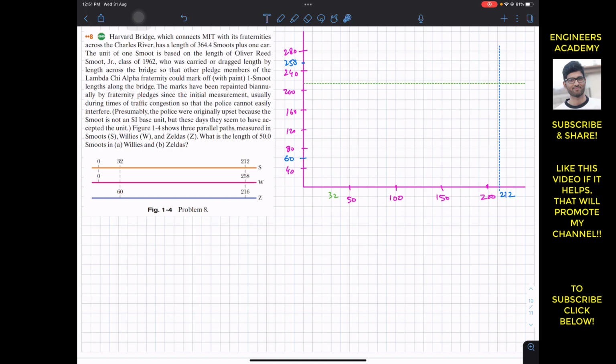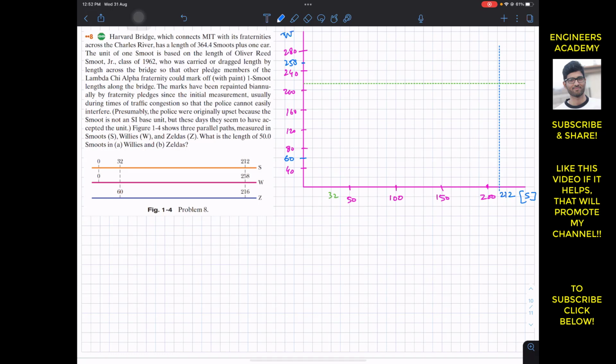So how is it done? First of all, I will plot Willies and Zeldas against Smoots. This is the x-axis, so on the x-axis we have the Smoots, and on the y-axis first of all I will plot Willies.